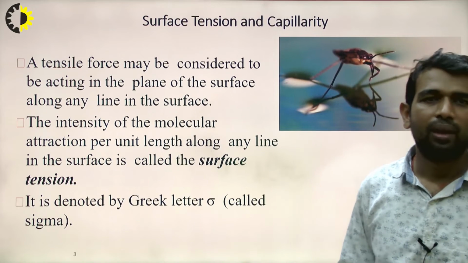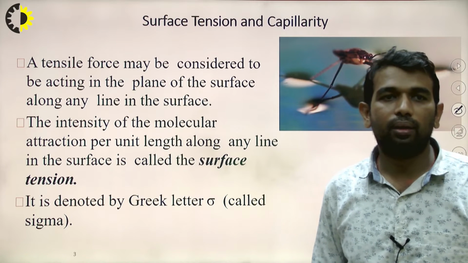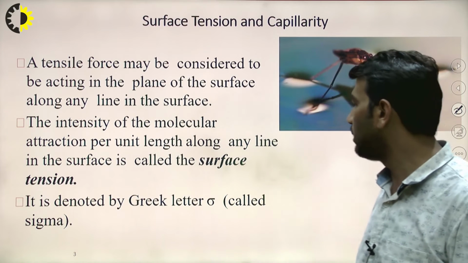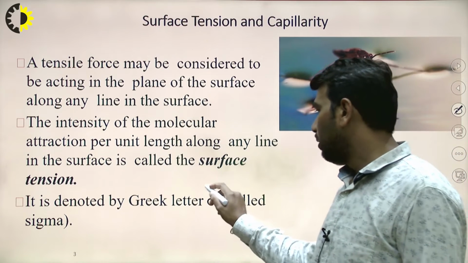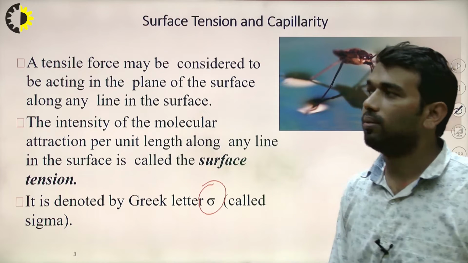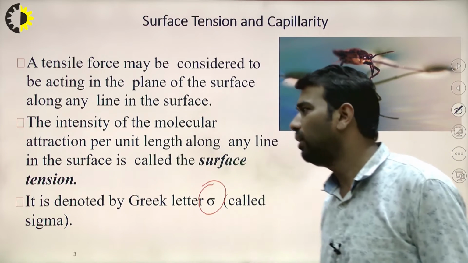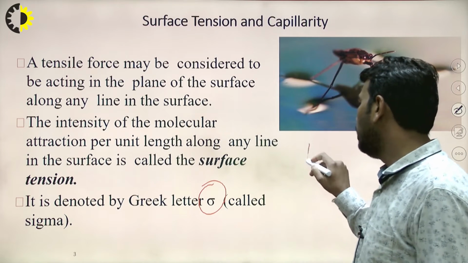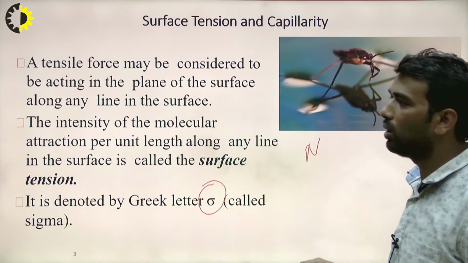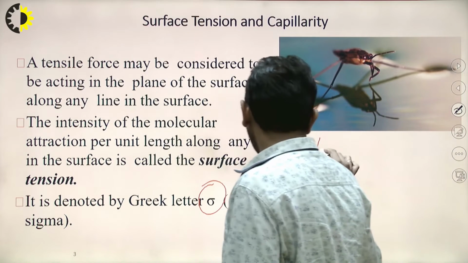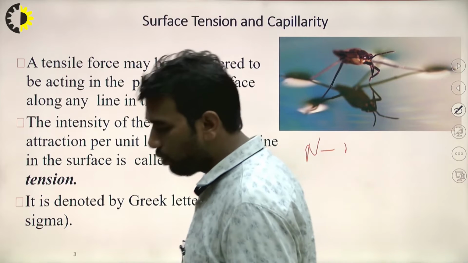Let's see how we are going to represent it. We use the Greek letter sigma to denote the surface tension force. What is the unit of surface tension? It is Newton per meter.